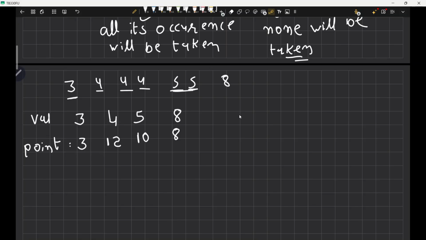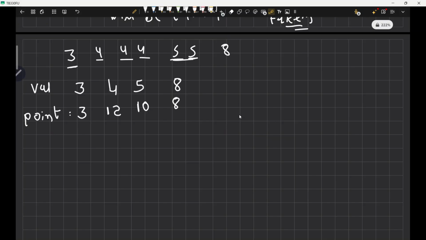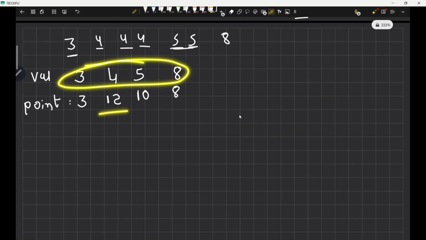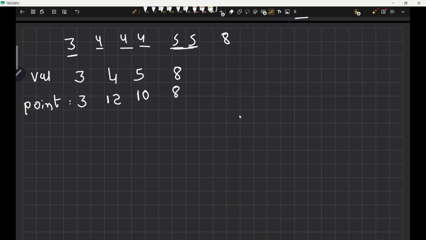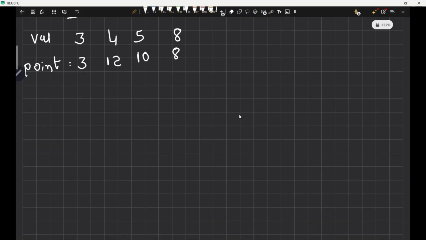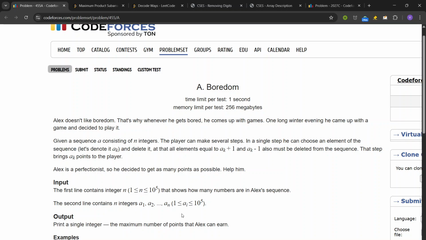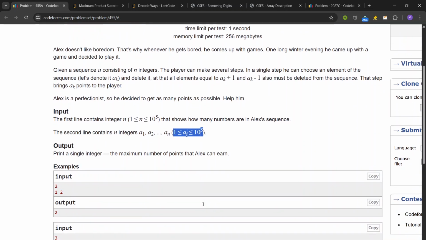So now it is easy, like we saw in the house robber problem, right? We cannot take adjacent houses. So it is just the house robber problem. So what you will do is make a big array, because what is the range of the values? The range of the values is only up to 25.